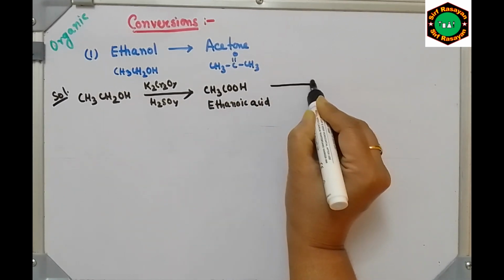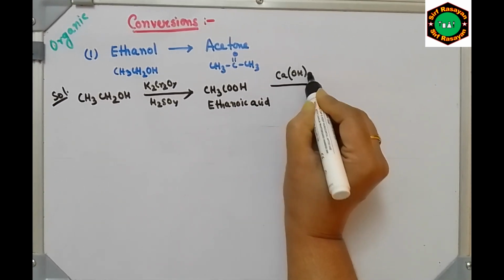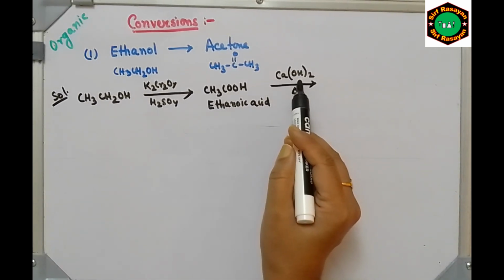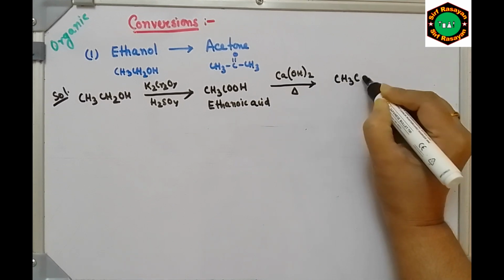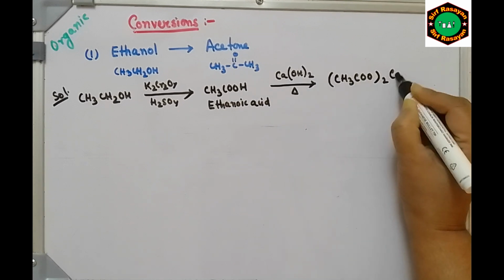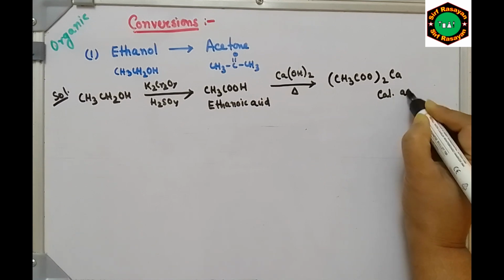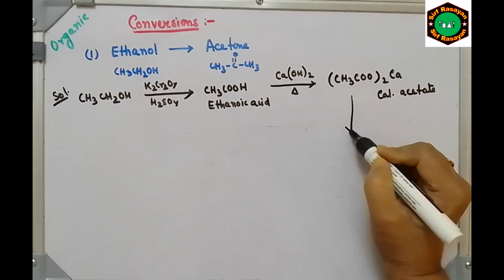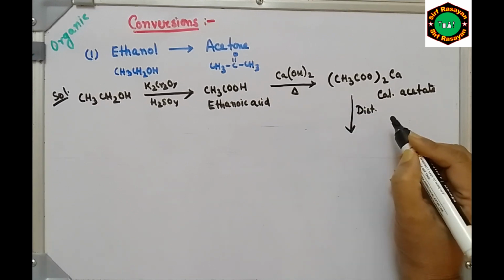Now this is an acid, and if you treat it with calcium hydroxide base and heat, you will get acid plus base is equal to salt, calcium acetate. This is calcium acetate. Now see, if you distill this one, what will happen?